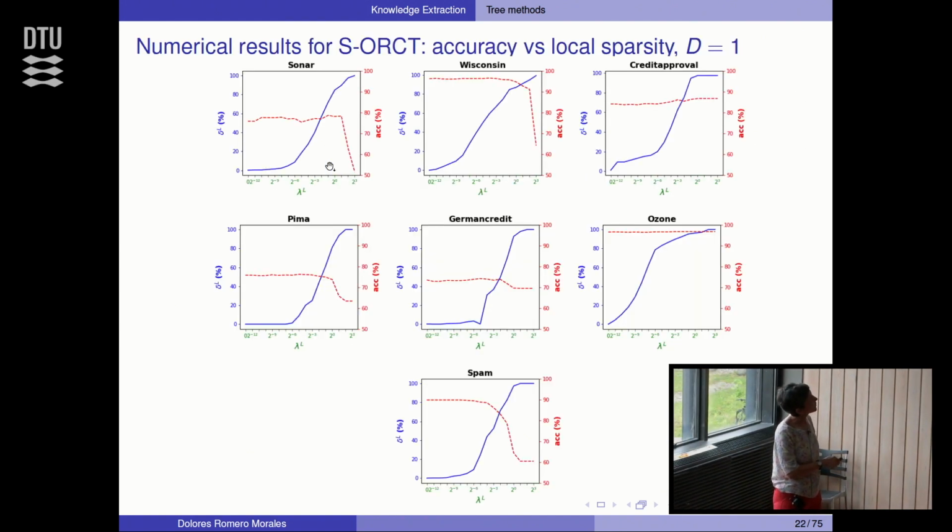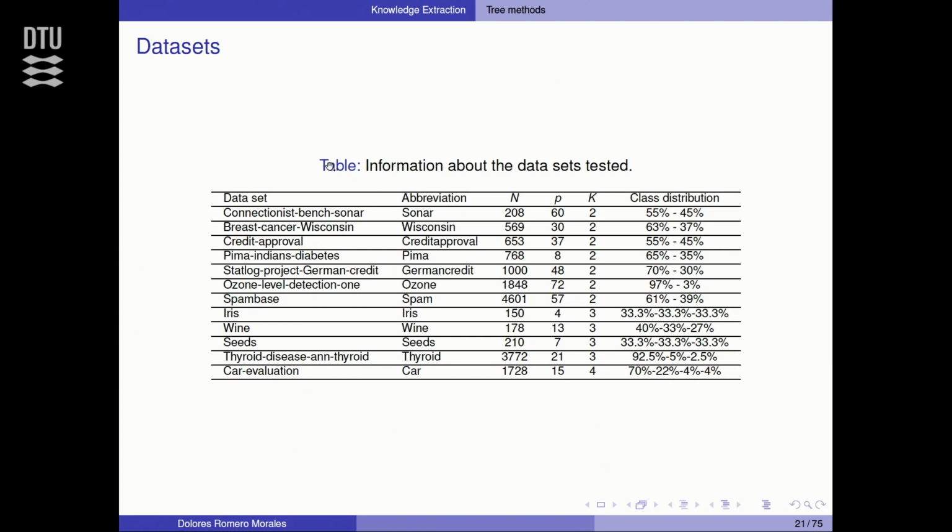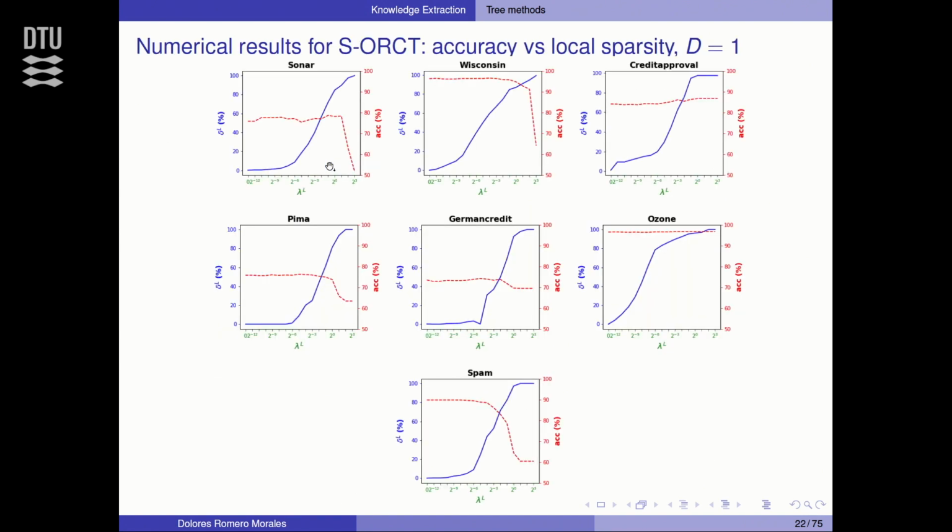I can show you that they vary in terms of the amount of features, the predictor variables, that you have. They also vary in terms of the classes that you have and how imbalanced they are, as well as the size of the data set. I love these slides, so I'm hoping that I can make you visualize them.